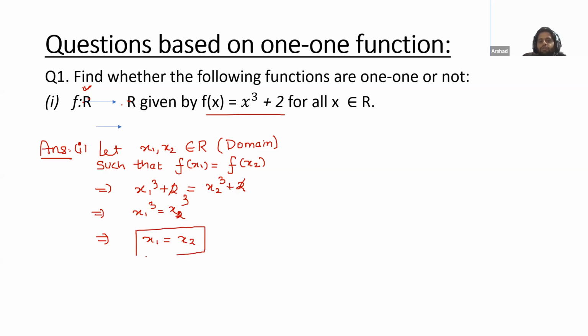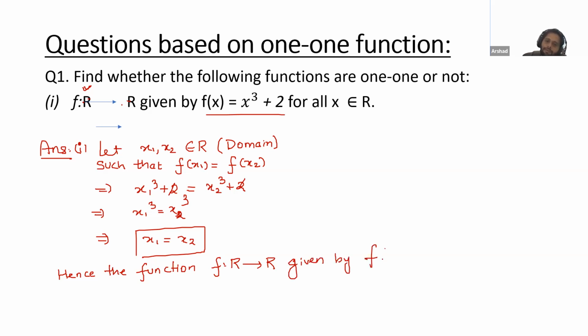Now, if you have assumed f(x1) is equal to f(x2) and finally you are getting x1 is equal to x2, then you can say hence the function f: R to R given by f(x) is equal to x cube plus 2 is 1-1.